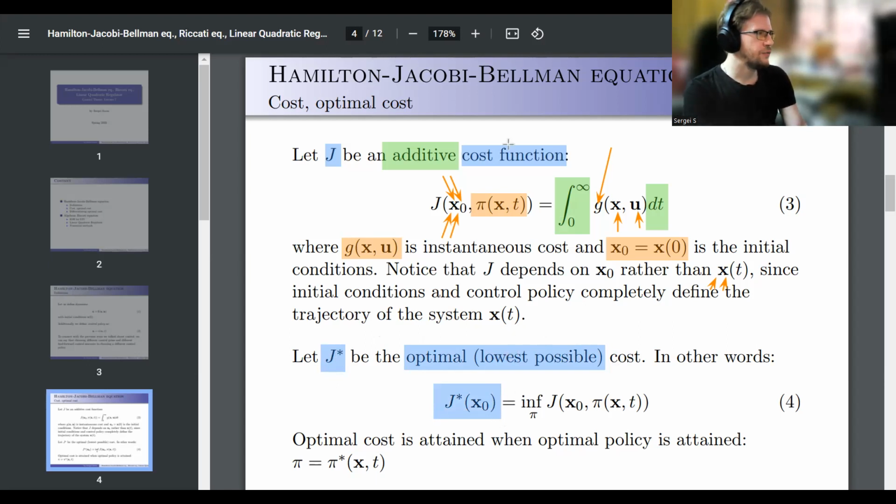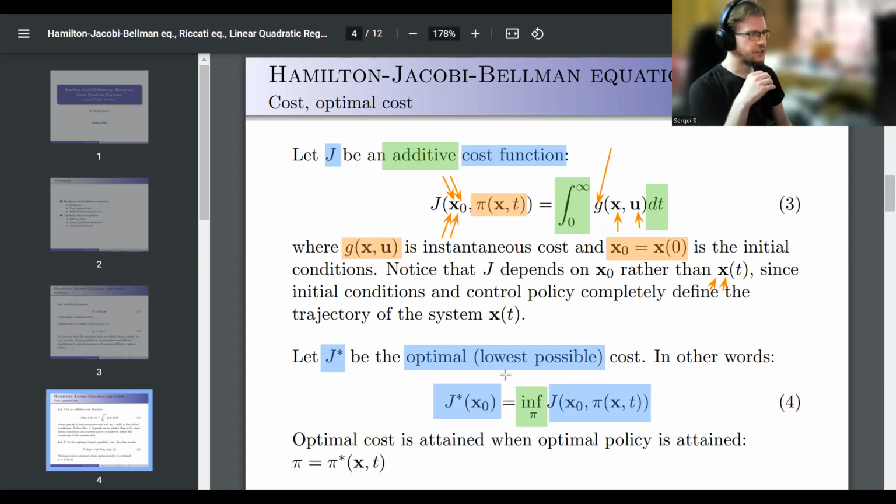And what is it equal to? Well, it is equal to the infimum over all control policies, so the minimum over all possible control policies, of the original cost J of x0, pi, of x, t.